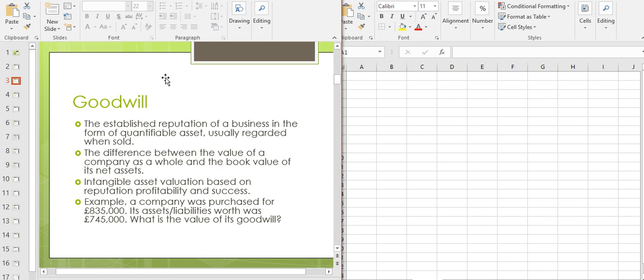Okay, so goodwill is the reputation of a business in the form of an asset, a non-current asset that is intangible, and it usually comes up in accounting when a business is for sale or has been sold. Okay, otherwise you won't generally see it on the books.